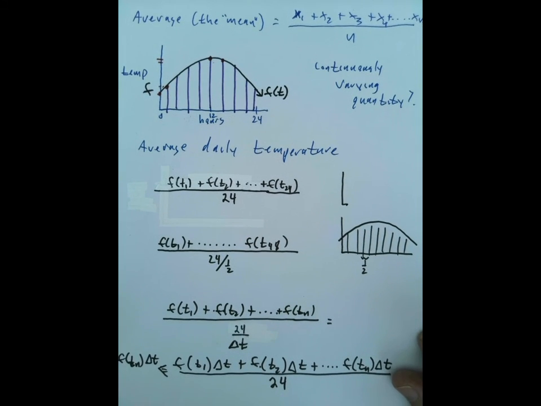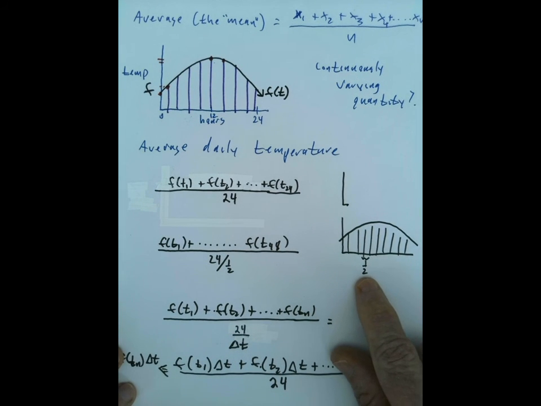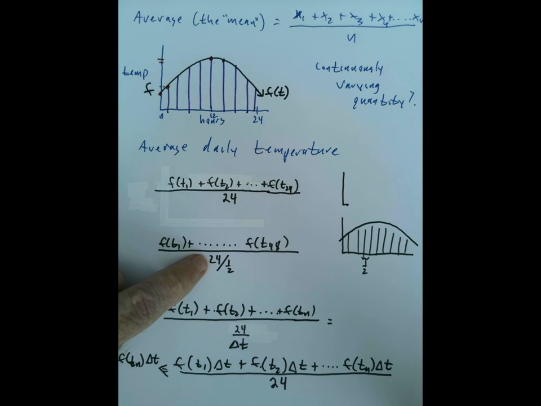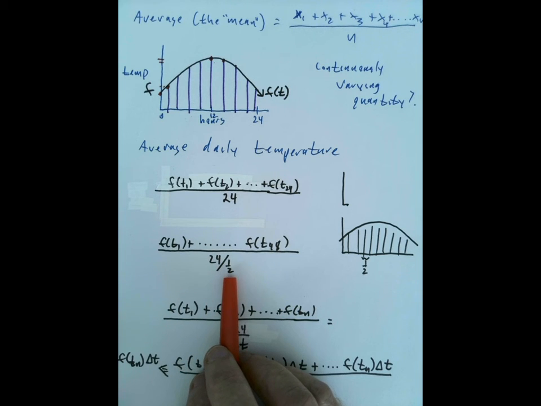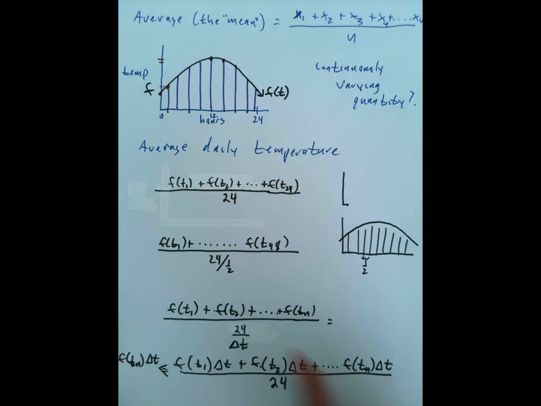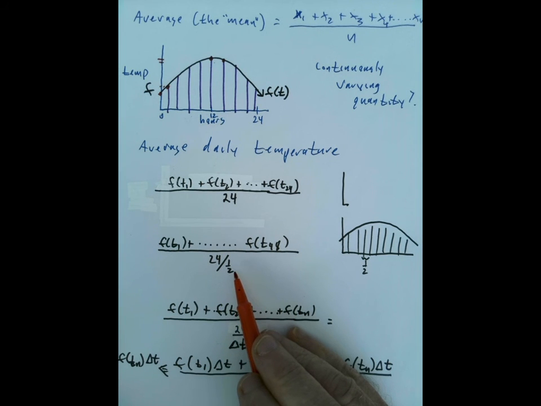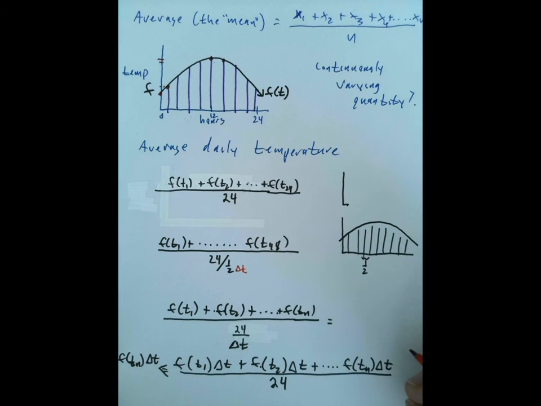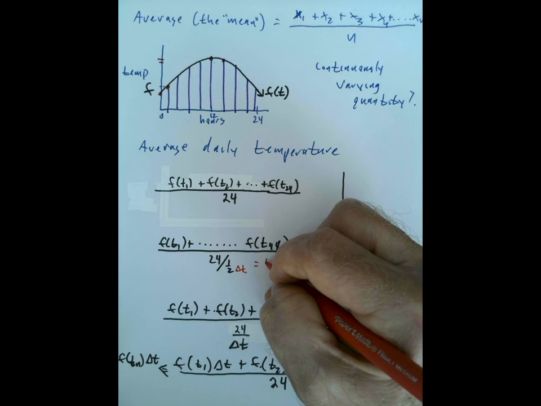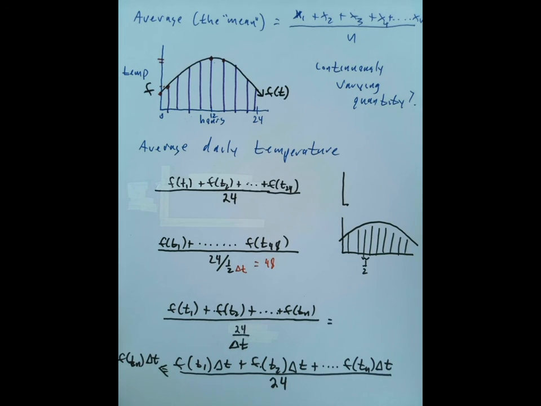Well, that would involve, over that 24-hour period, taking the temperature actually 48 times, because we would divide 24 by the width of each interval, delta t, which is a half hour, and that would be 48. So far, so good?